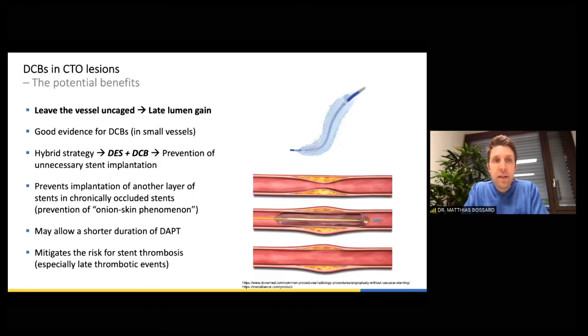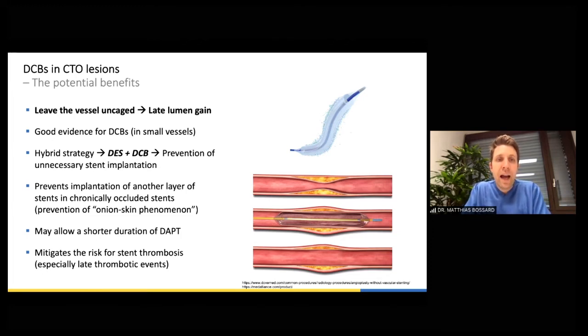But the reality is, if you think about this from a logical standpoint, there is a lot of potential for drug-coated balloons in CTO lesions. First of all, you leave the vessel uncaged, as I just mentioned. After CTO PCI, the vessel tends to grow over time. We now have some evidence for DCBs in especially small vessels, so it's logical that those results could also be translated to CTO lesions.